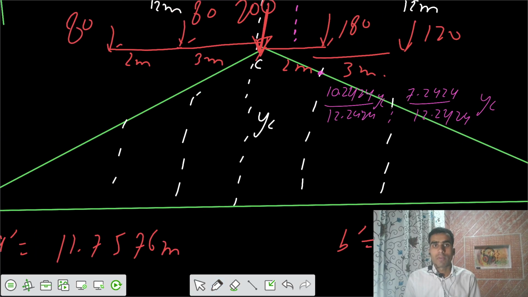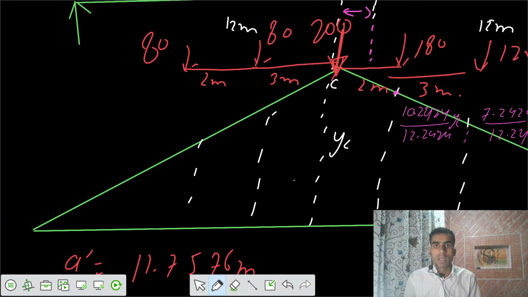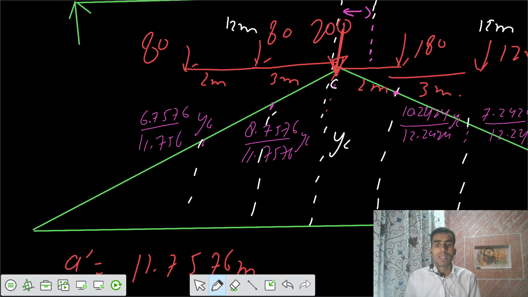And what is this ordinate from the side? This is YC for the length of 11.7576. 11 minus 3, that's 8, so I would write 8.7576 by 11.7576 into YC. And this ordinate you have 8 minus 2, that is 6.7576 divided by 11.7576 YC. So we have these ordinates.